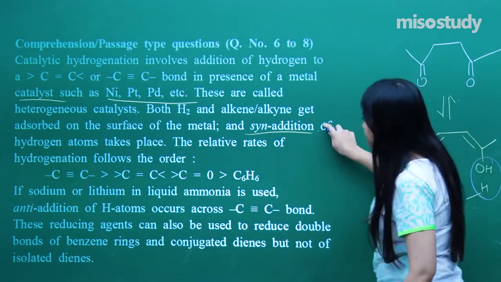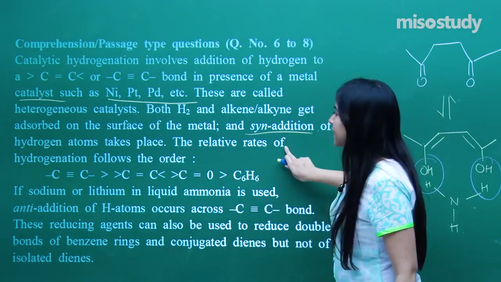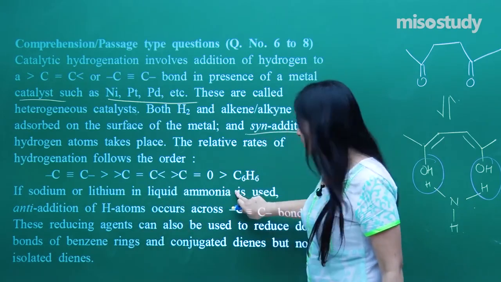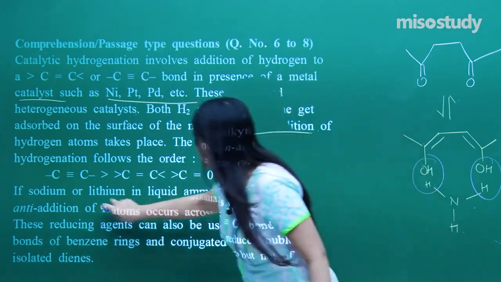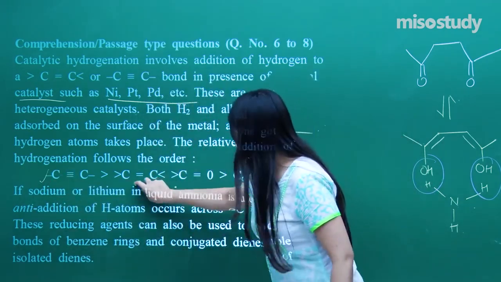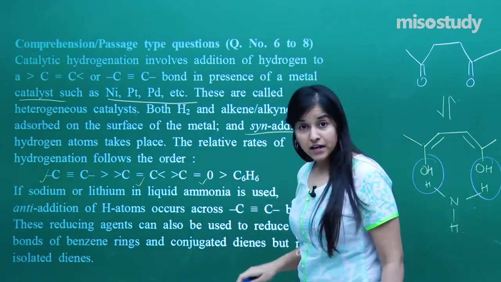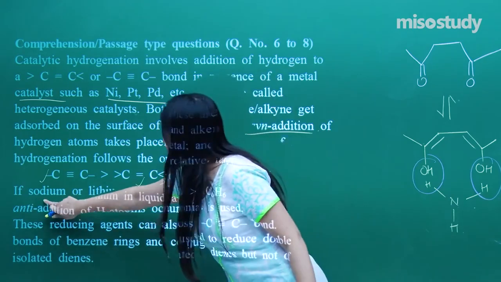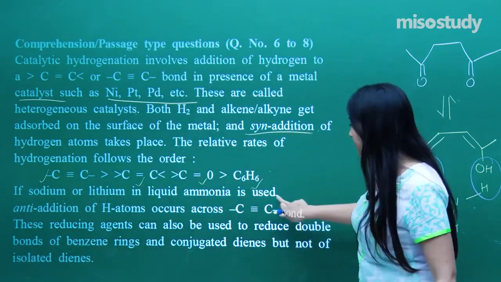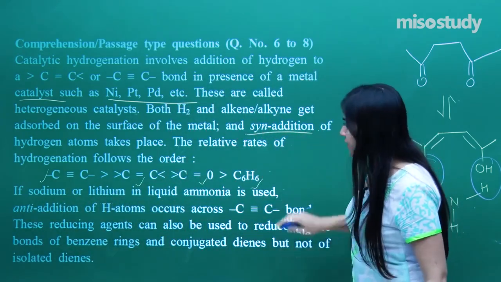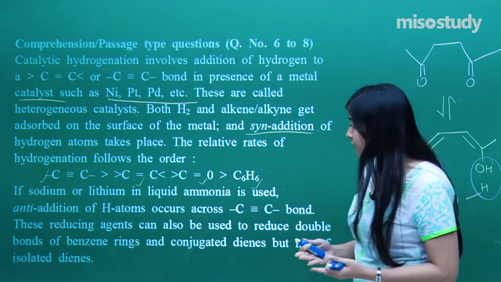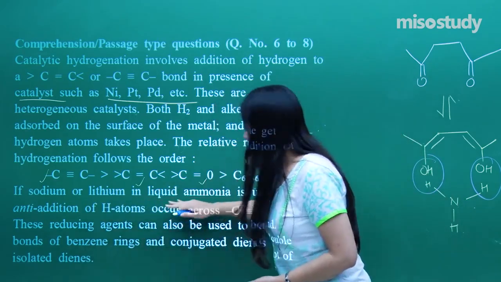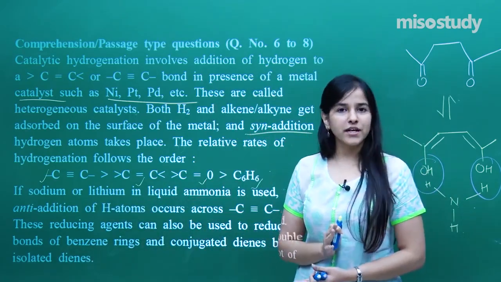And the relative rates have been given for hydrogenation. Triple bond having the highest, followed by double, then the carbonyl group and the benzene. If sodium or lithium in liquid ammonia is used, they are telling us about some other kind of reduction. Na in liquid ammonia, so we all know what kind of a reaction this is.